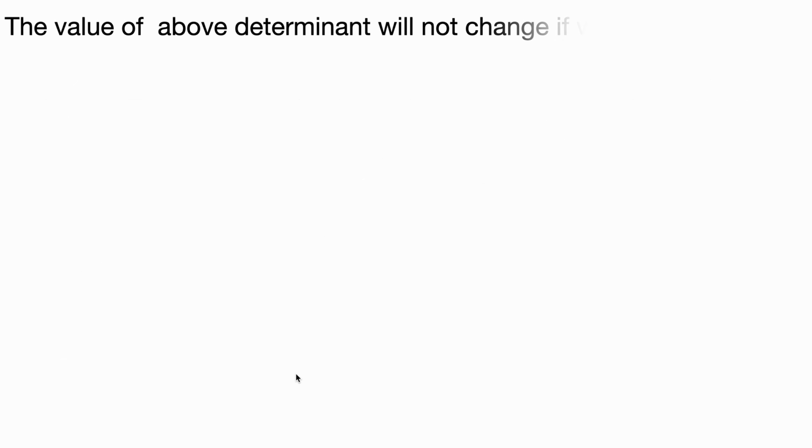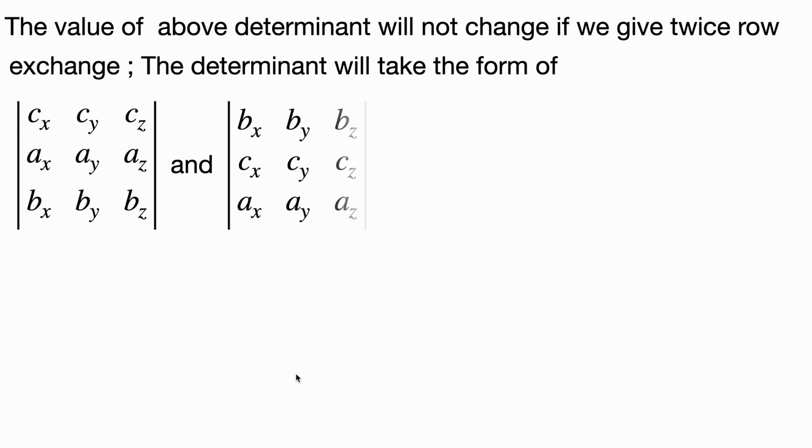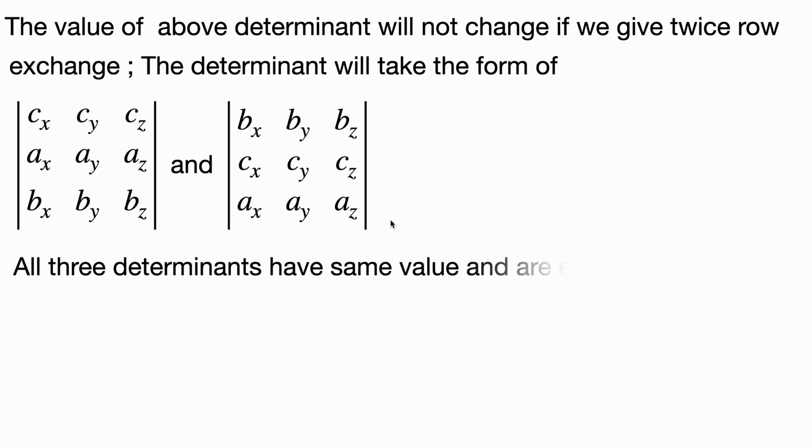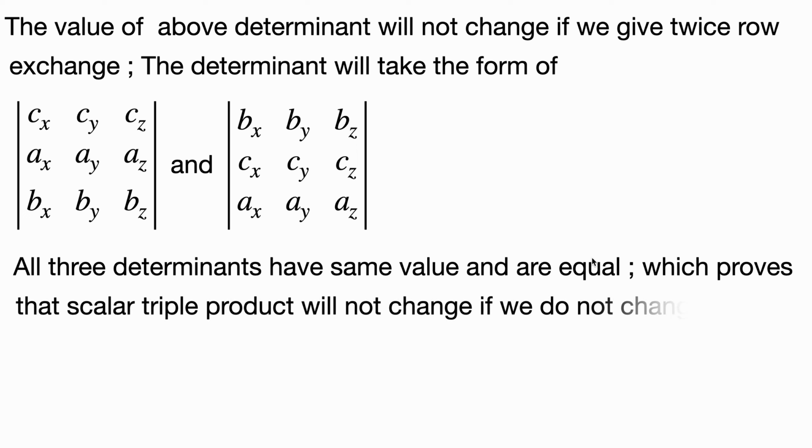The value of above determinant will not change if we give twice row exchange, and the determinant will take form of cx cy cz, ax ay az, bx by bz and bx by bz, cx cy cz, ax ay az. All three determinants have same value and are equal, which proves that scalar triple product will not change if we do not change the cyclic order of vectors.